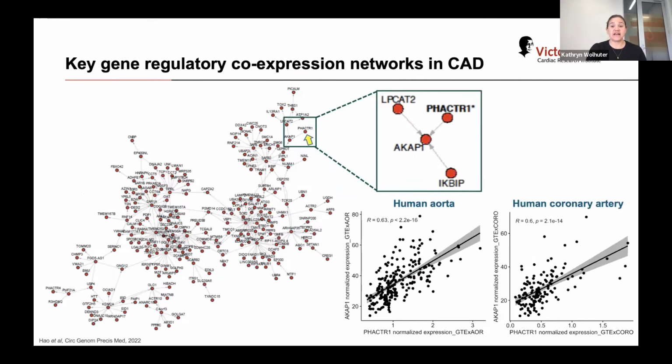We were able to validate the relationship between factor 1 and ACAP1 in a second transcriptomics dataset, our GTEx dataset, whereby the expression of ACAP1 and factor 1 correlates in the aorta and the coronary artery, as well as other vascular tissues, but we didn't see this relationship in any non-vascular tissues, which suggests that ACAP1 and factor 1's relationship is specific to the vasculature.